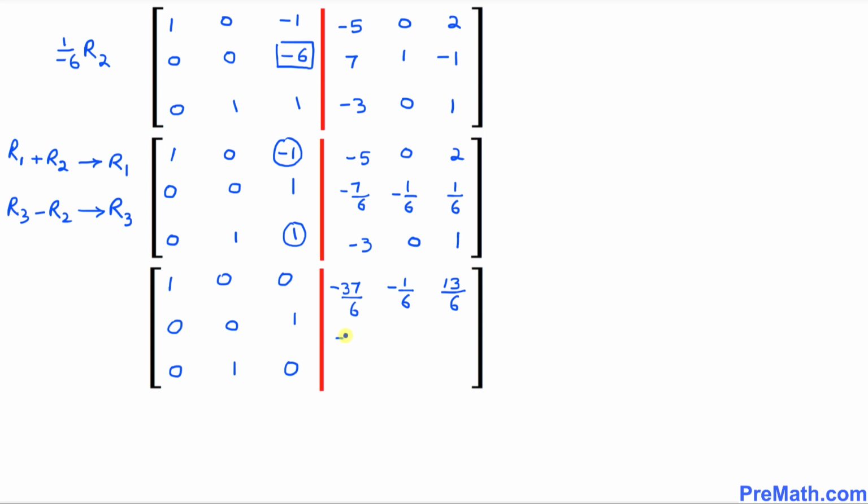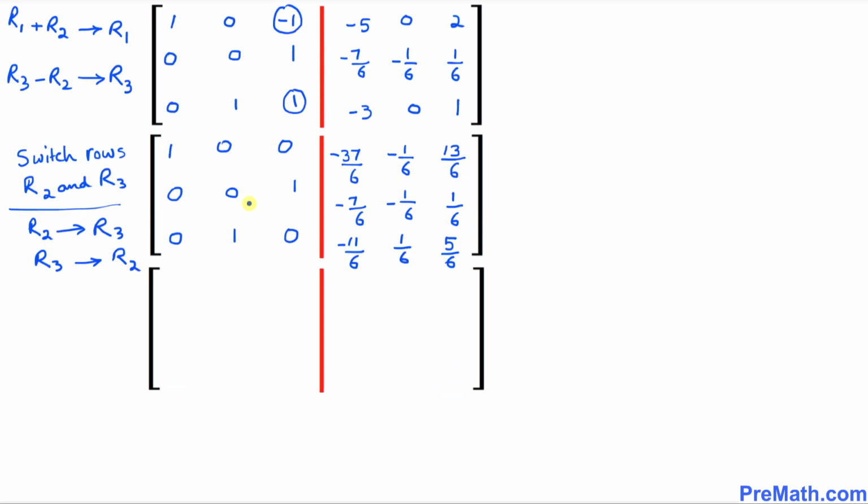We did not do anything with that. Negative 7 over 6, negative 1 over 6, and 1 over 6. And finally row 3 is going to become negative 11 over 6, 1 over 6, and finally 5 over 6.